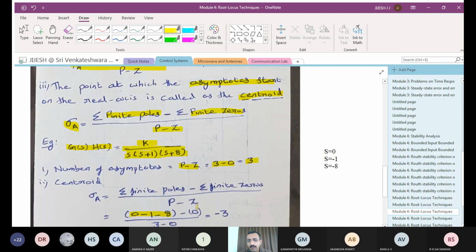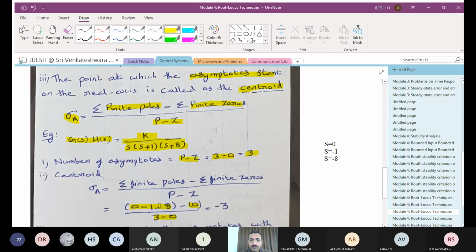It is not available, so we just put it as minus 0. Either you can write it as 3 minus 0 or directly as 3, where 3 is the number of poles and 0 is the number of zeros. So 3 minus 0. Let us simplify that. Minus 8 minus 1, you will get minus 9. Minus 9 divided by 3, you will get minus 3.